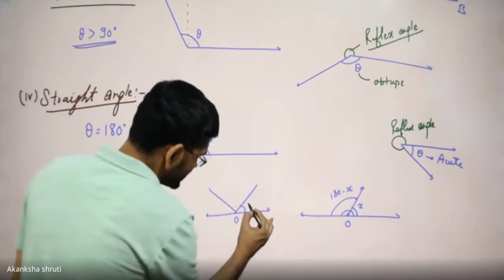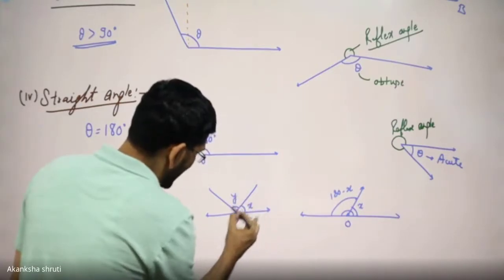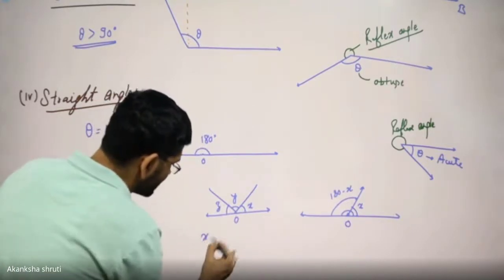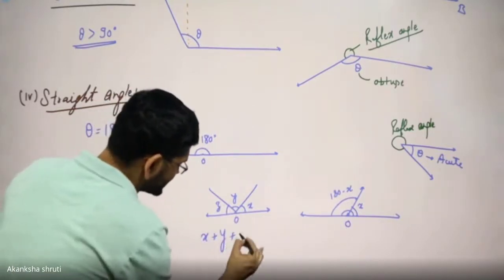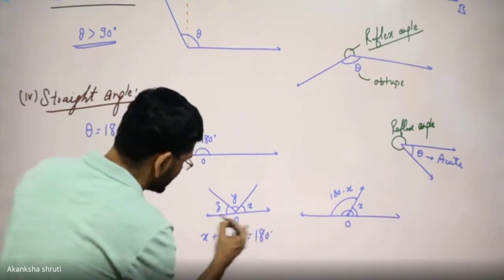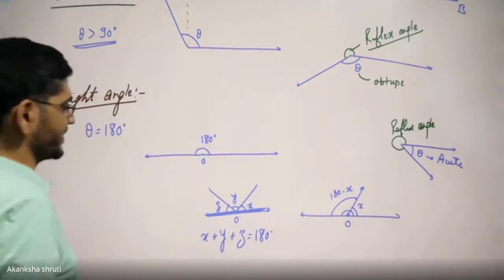Or you may say, if we have a straight angle and at this point there are various angles, consider this as X, this as a small y, this as a small z, then X plus y plus z will be 180 degrees, because this is the straight line which is formed, or a straight angle.